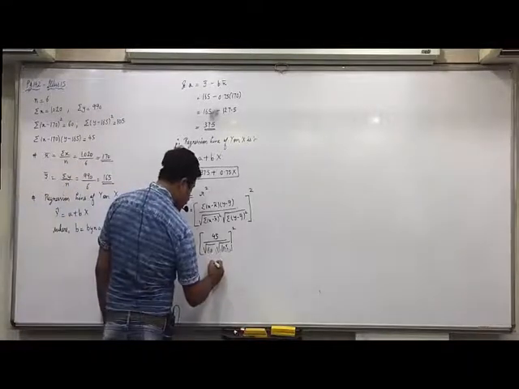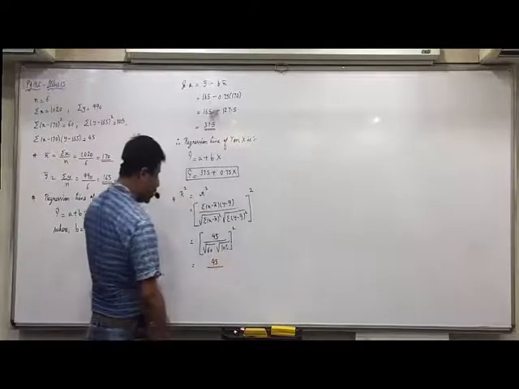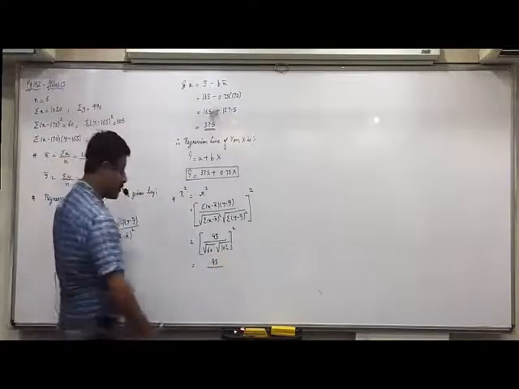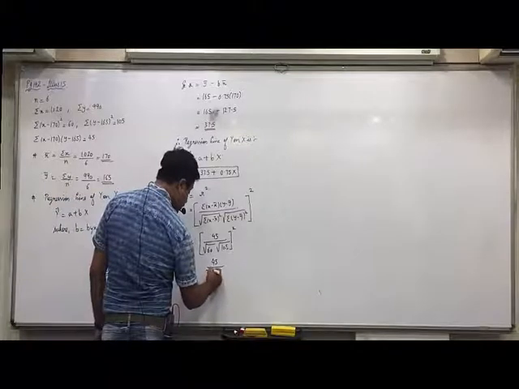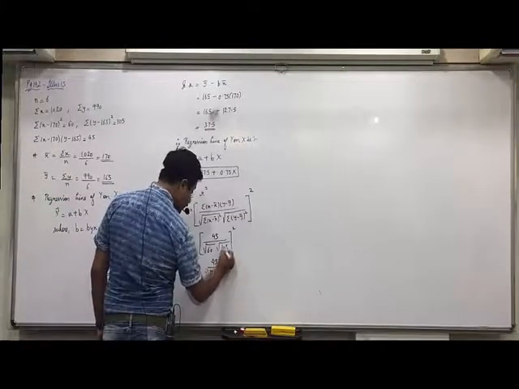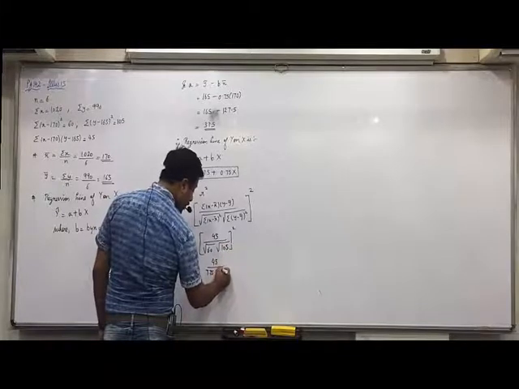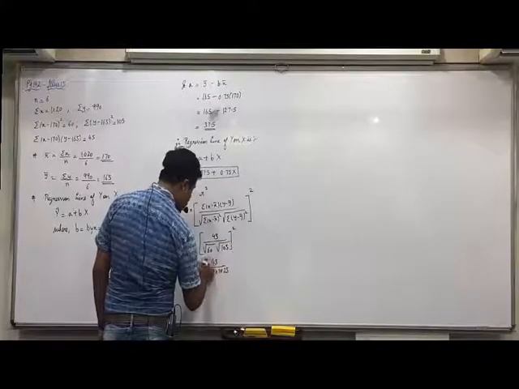Now 45 upon, what is square root of 60? 7.75 into 10.25 whole square.